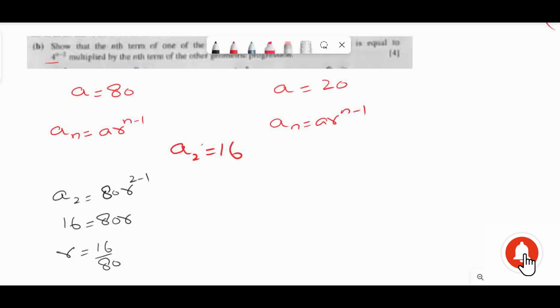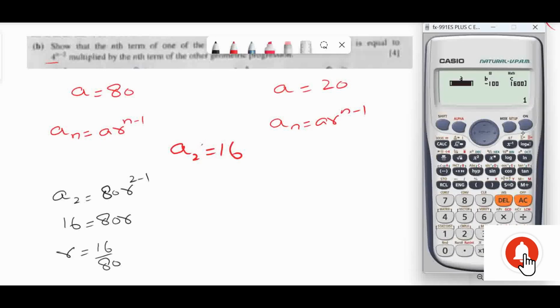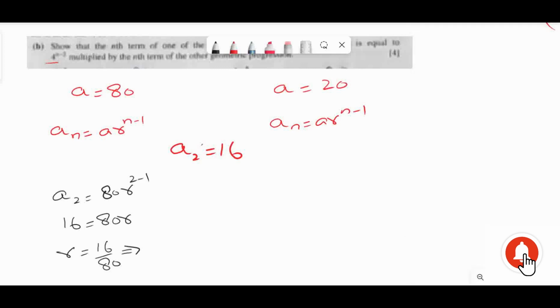So 16 divided by 80 gives us 1 by 5. So for this case, r will be equal to 1 by 5.